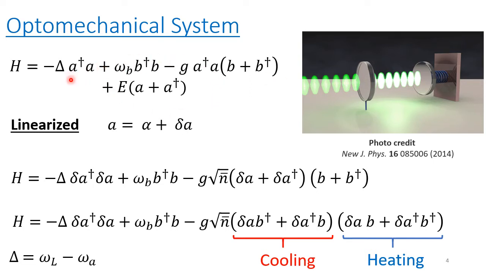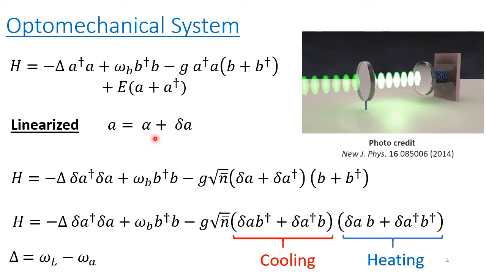The first part corresponds to the cavity mode, the second one is for the mechanical resonator, the third one is a nonlinear term, which is basically the interaction between the cavity and the mechanical resonator, and the last part is associated with the input laser drive. And if the system is driven strong enough, then we can use the linearization, in which basically we expand our operator around some mean values.